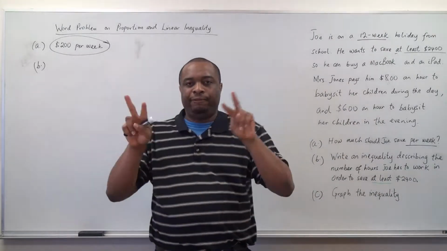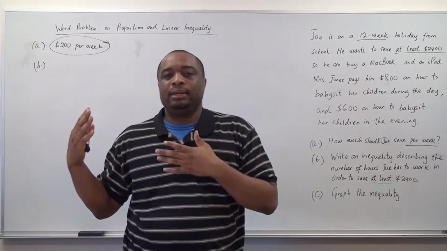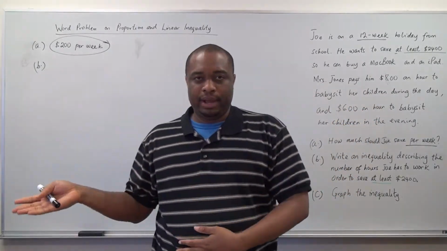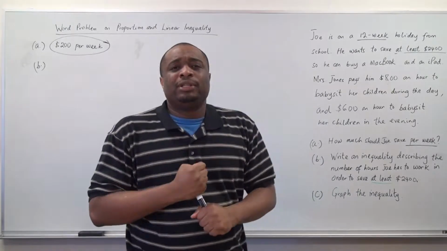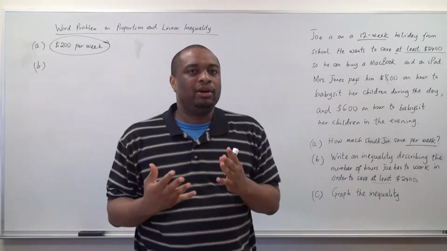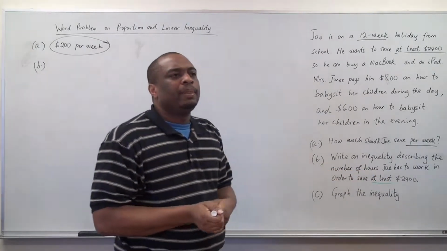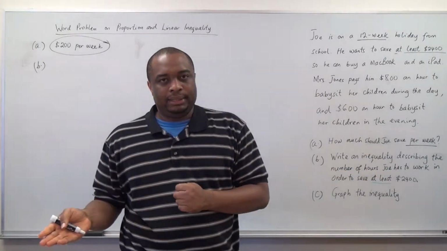So these are two different rates. Morning $8 per hour, night $6 per hour. We want to find out how many hours altogether he has to work in order to come up with $2,400. But we don't know how many hours.